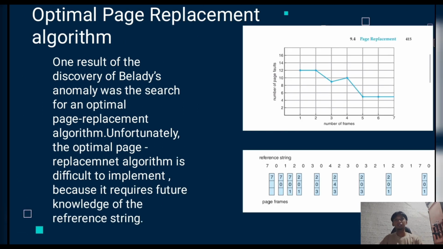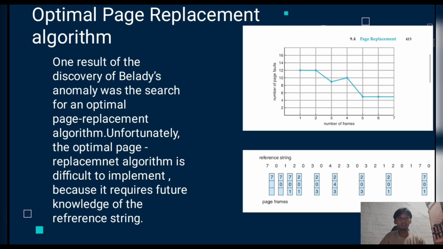So next is the optimal page replacement algorithm. One result of the discovery of Belady's anomaly was the search for an optimal page replacement algorithm. Unfortunately, the optimal page replacement algorithm is difficult to implement because it requires future knowledge of the reference string.